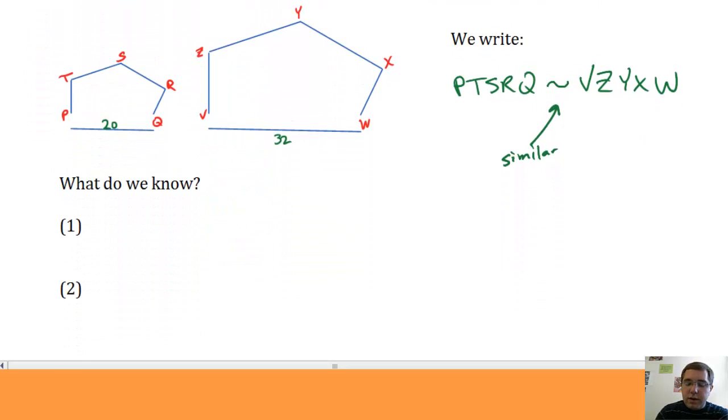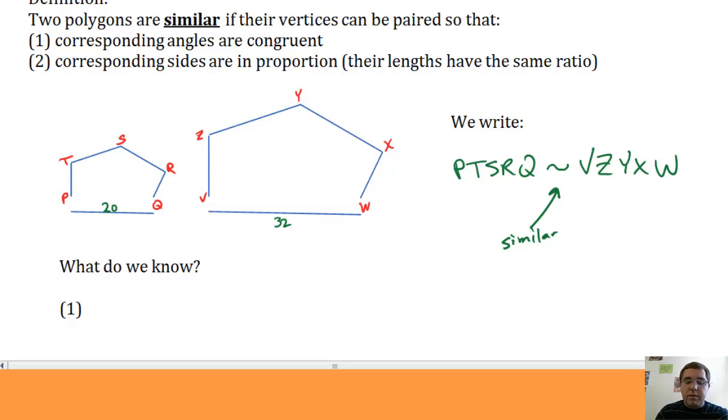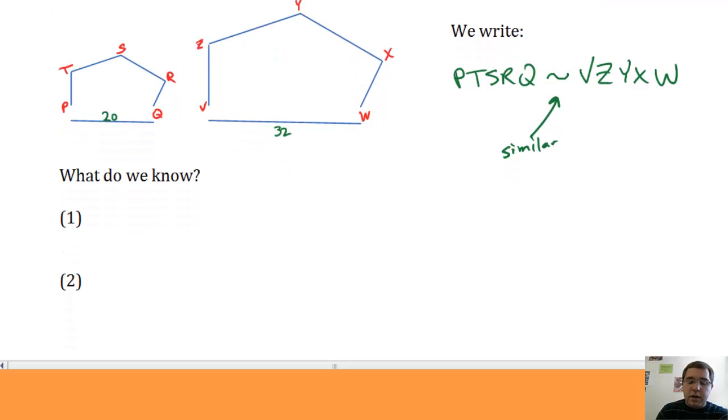So if they are similar, what do we know? Well, from part 1 of the definition, we know that corresponding angles are congruent. So which angles correspond with each other?